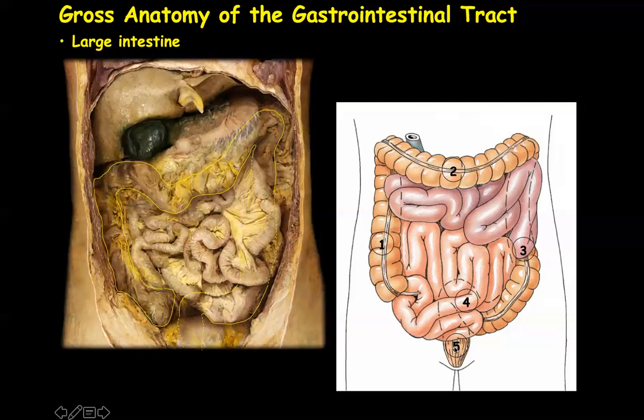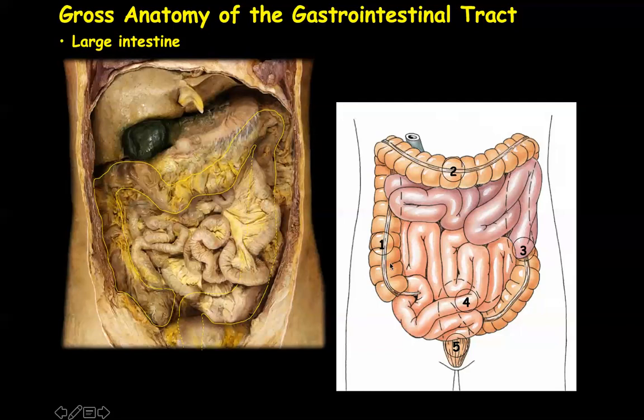waste from the body. One feature to notice on the large intestine is that the longitudinal muscle of the muscularis externa doesn't extend all the way around the lumen of the GI tract. It's just in these three thin bands of longitudinal muscle. And these are called the taeniae coli.